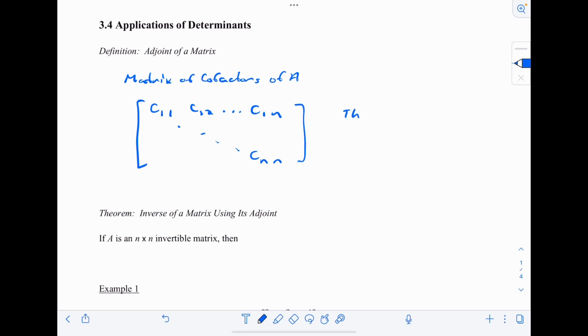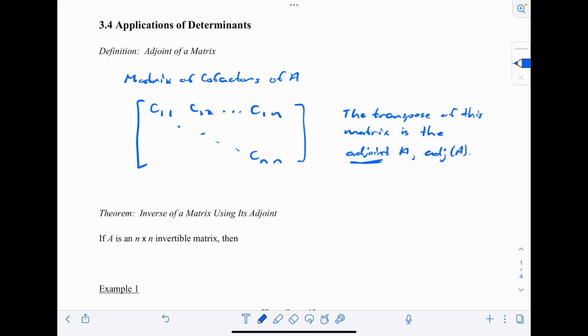So the transpose of this matrix is the adjoint of A, and we write adjoint, ADJ of A. That's how we symbolize it. So that's what an adjoint is: simply taking the matrix of all of the cofactors and transposing it, and you have the adjoint.